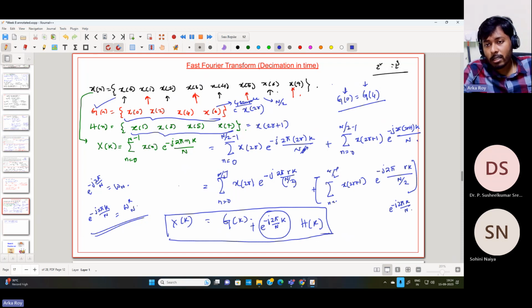I can just use G0. Likewise in H also, H0 is equal to H4, and H1 is equal to H5.